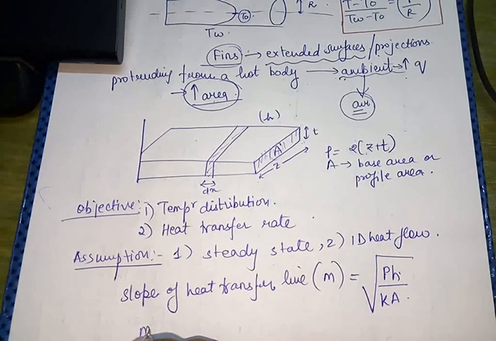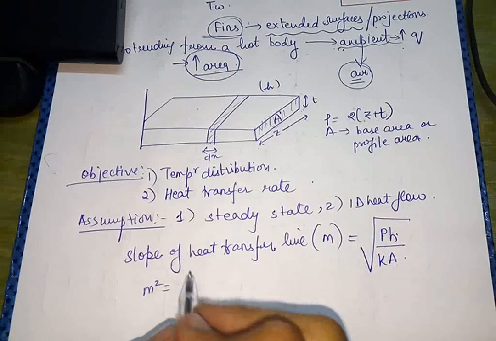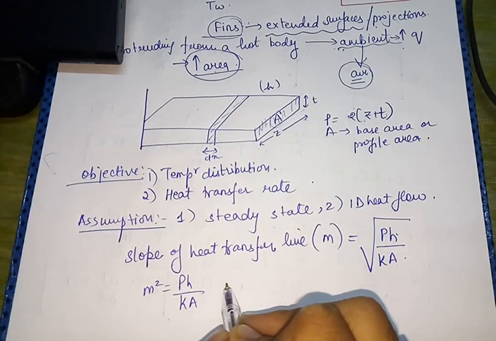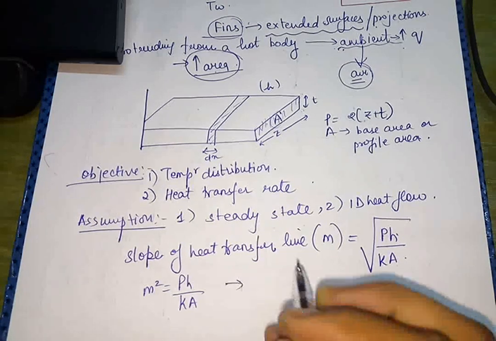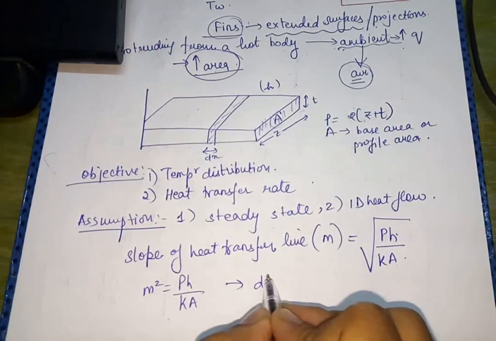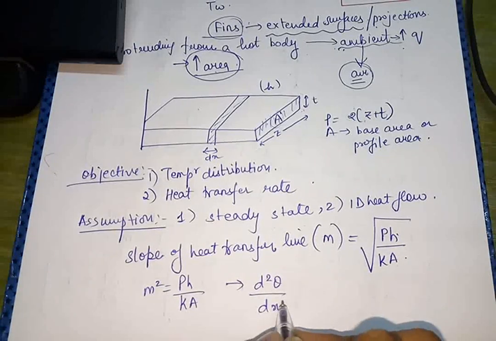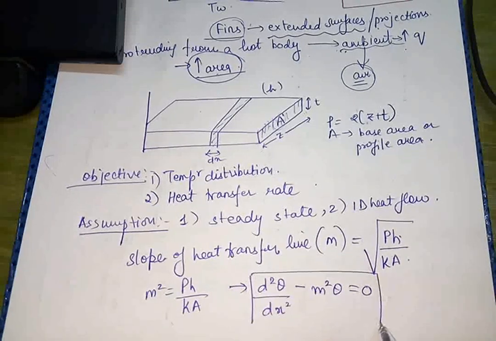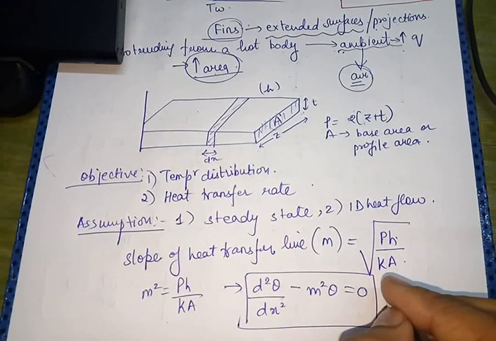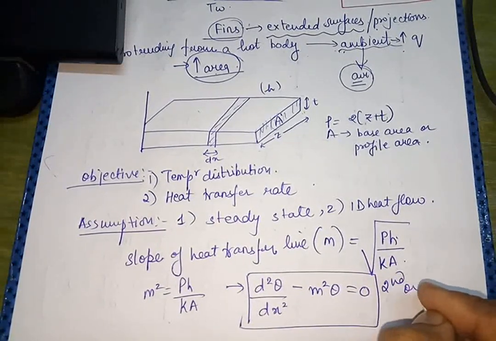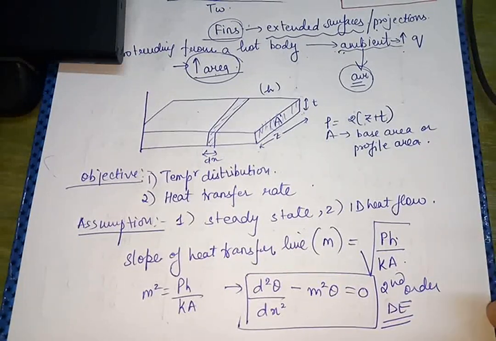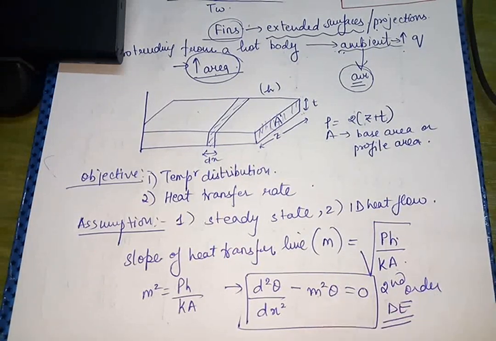Then m square would be hP upon kA. So the standard format for the equation is d square theta upon dx square minus m square theta equals 0. This is actually the standard format of the second order differential equation in theta, where m is the slope of the heat transfer.